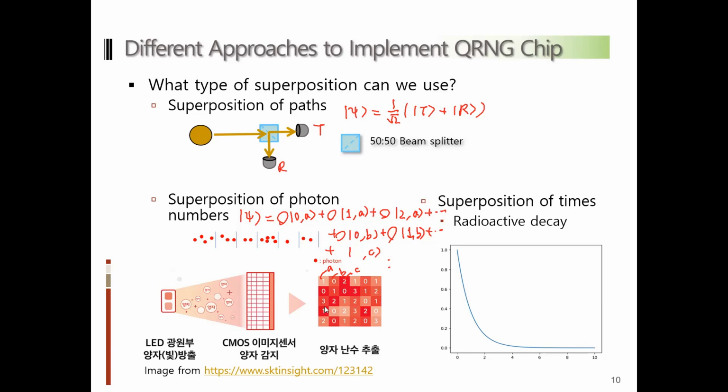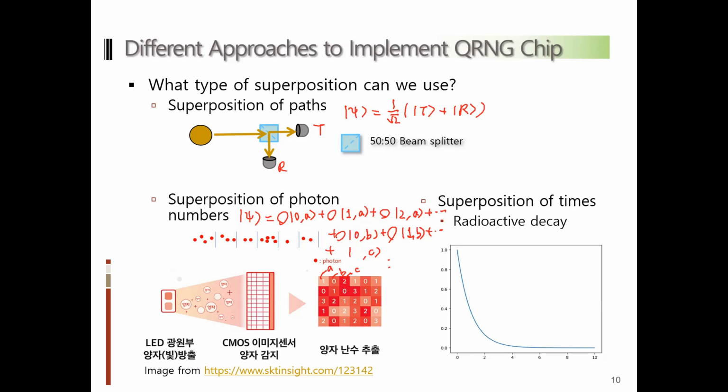So in principle, you can tell whether there were 3 photons or 4 photons or 0 photons and so forth. Of course, there is still some limitation in terms of the resolution, but the resolution has improved a lot. So that was one way to implement the QRNG chip.